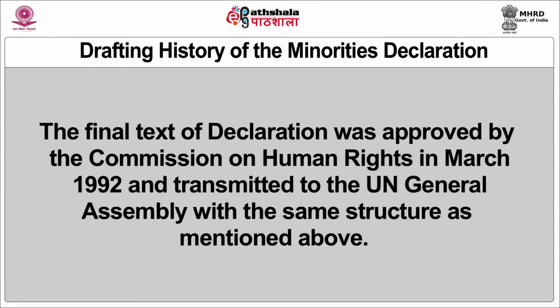The initial draft, completed in all respects, comprising a title, a preamble, and 9 articles, was submitted to the Commission in 1990. The review of the draft was completed the next year, in 1991, after intensive sessions. The first text of the declaration was approved by the Commission on Human Rights in March 1992 and transmitted to the UN General Assembly with the same structure as mentioned above.